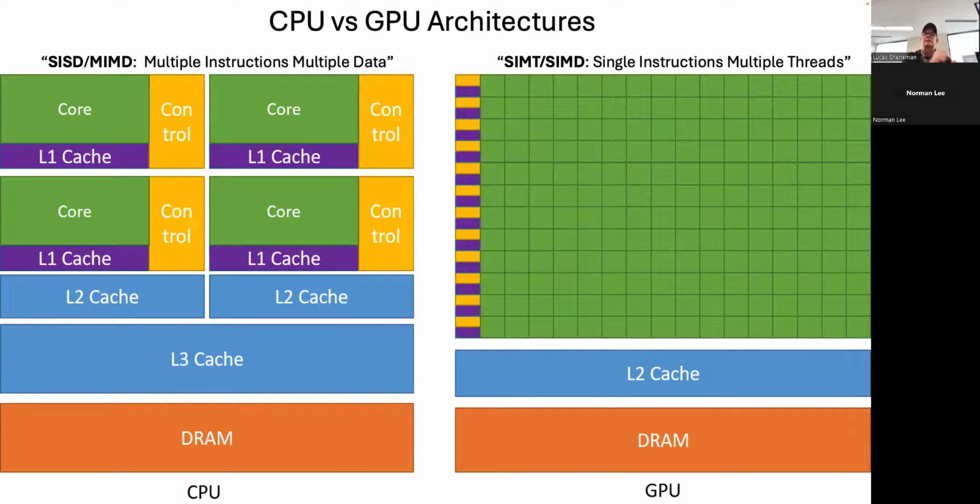But if one core needs to talk to another core, they can't share the same cache, right? So you have L2 cache where multiple cores on the same socket can share memory pretty fast. You have level 3 cache, and then you have your main memory. So that's a CPU.